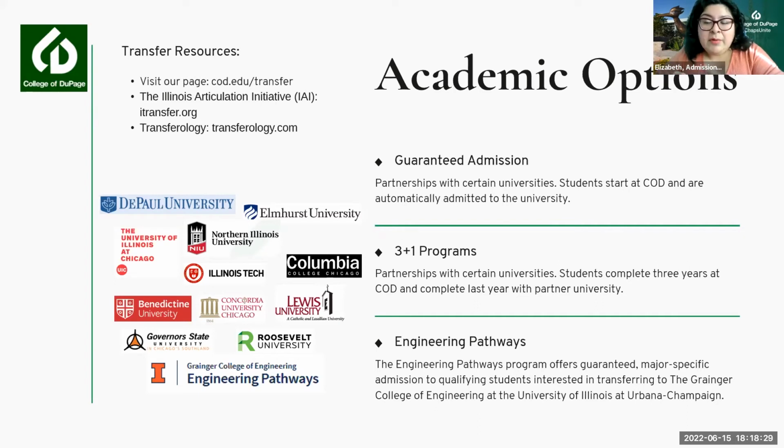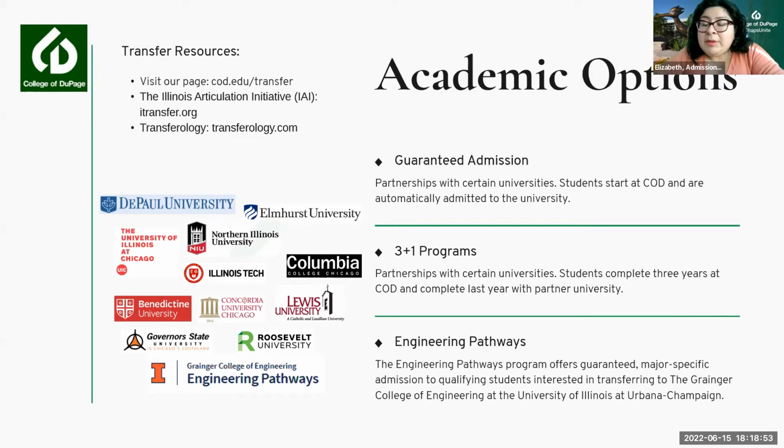Typically, it's before you hit about 30 credit hours, which is a year, right? Then you have to meet the requirements and maintain the GPA that particular institution requires. But at the end of your time at COD, you are guaranteed admission into that school and most of the time into that particular department, right? So not just to the school, but to the major, which is a beautiful thing.